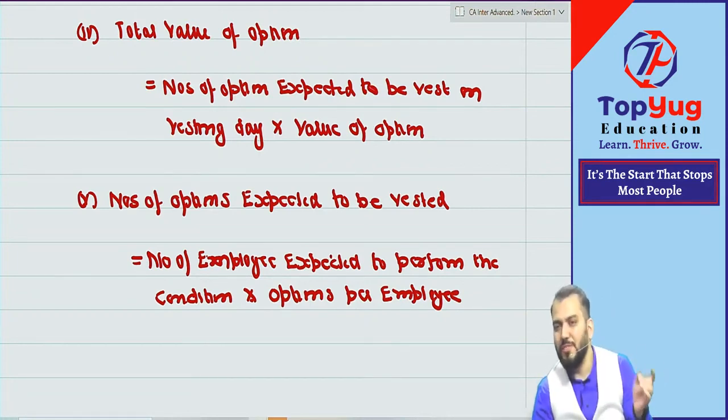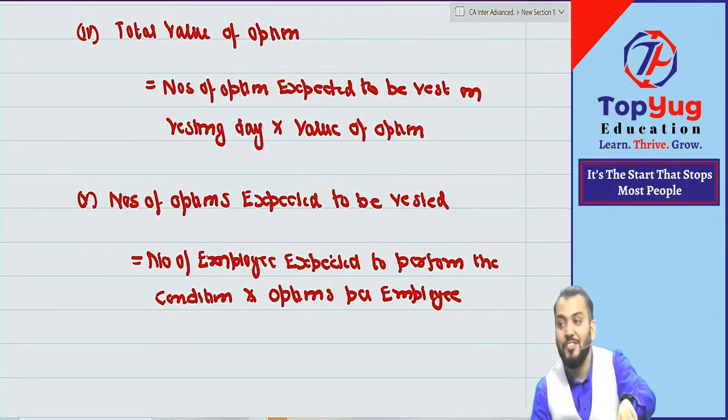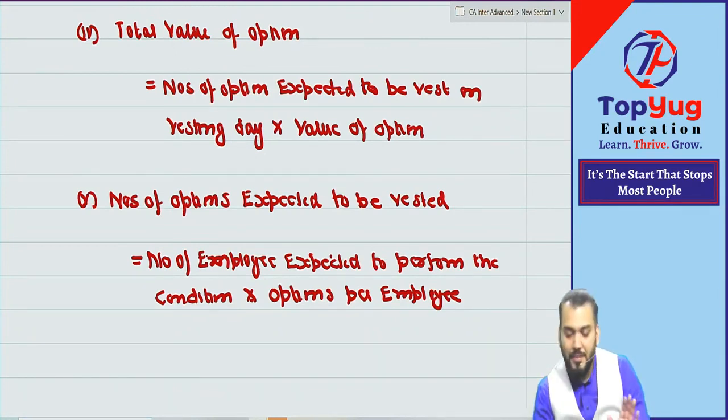In the last question, if you say 500 employees were there and each employee was getting 100 options, we multiplied with 100 in each case. So we first calculated the number of employees expected to perform the condition based on the information given in the question. Understood? Correct? I think we are just writing in reverse way.